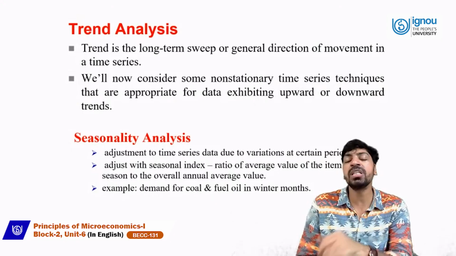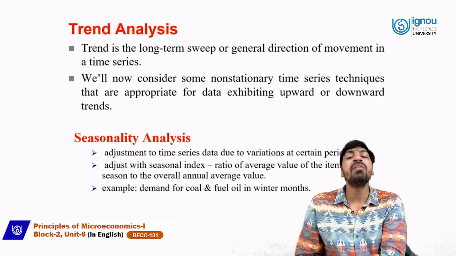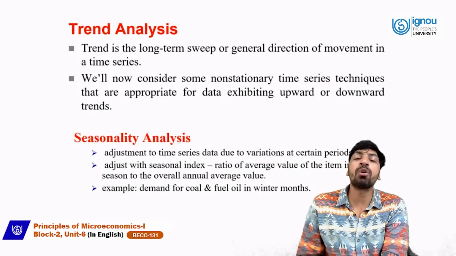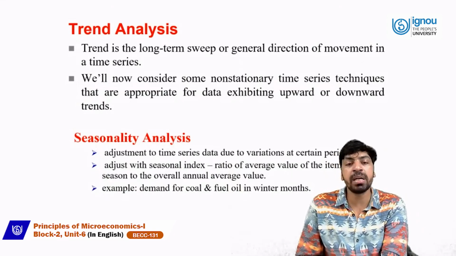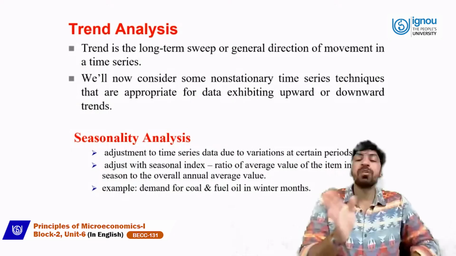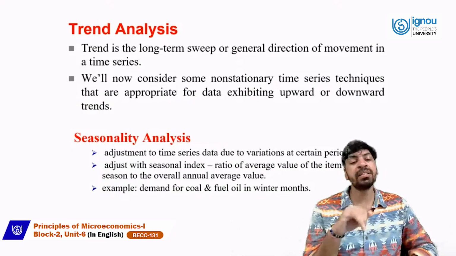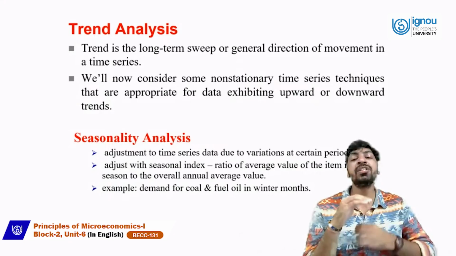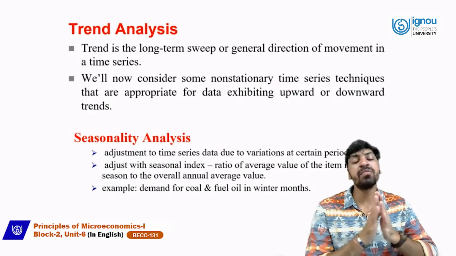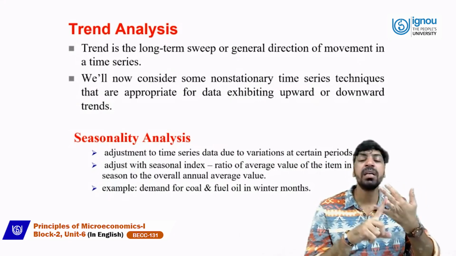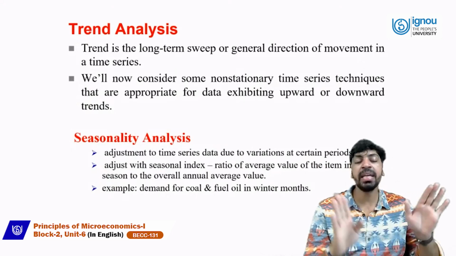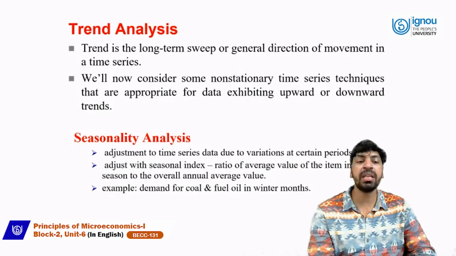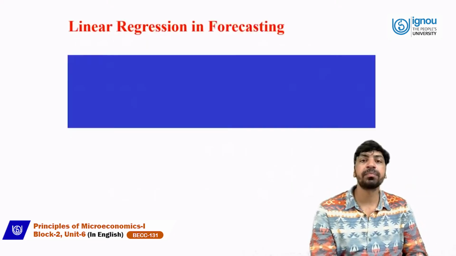It easily adjusts with all the time series. For example, demand for coal and fuel oil in winter months. In the winter months, it could be three, two, or four. Automatically, such analysis will easily adjust in such months, whether it is summer months, quarterly, half-yearly, or yearly as well.